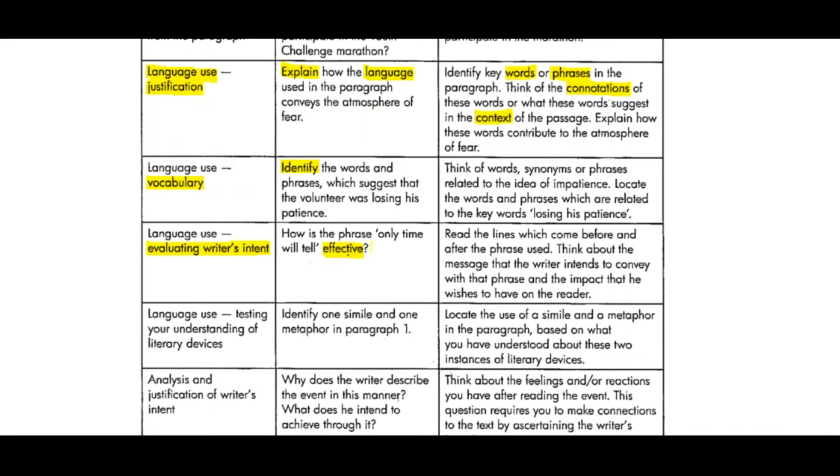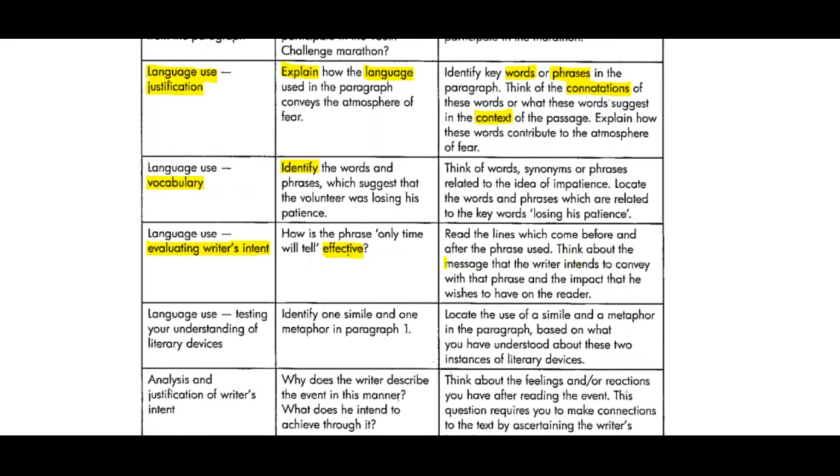Here they don't tell you that they're trying to create an atmosphere of fear. By your own deduction, you deduce what it is effective in doing, and usually it's related to the writer's intention.